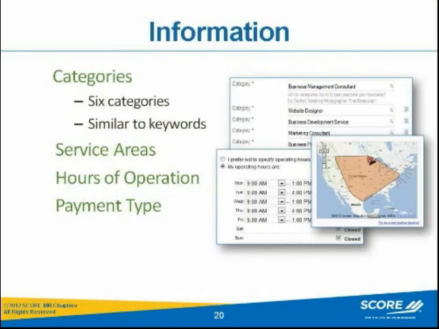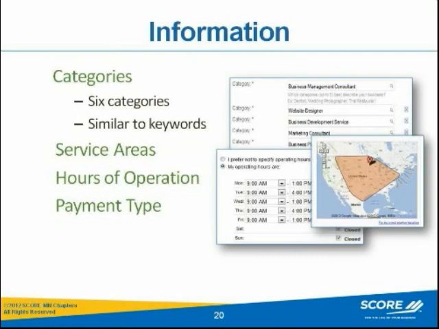Some people do internet searches by categories. Categories are similar to keywords and offer an additional way for a searcher to find a match for their terms. Google allows you to place your business into 6 categories. For example, our air conditioning business could be in the home improvement services. It could be in the heating and cooling category.